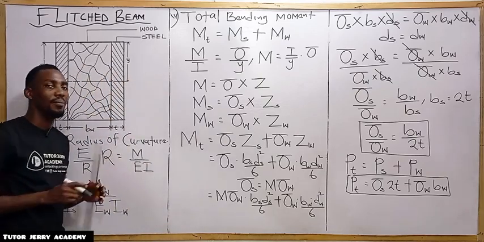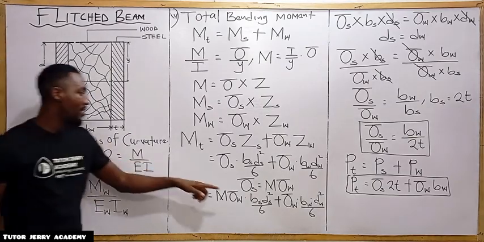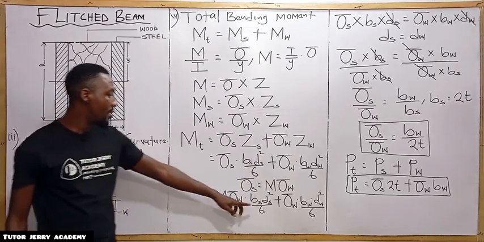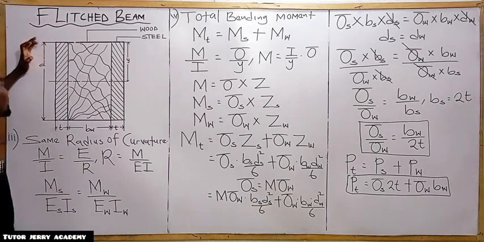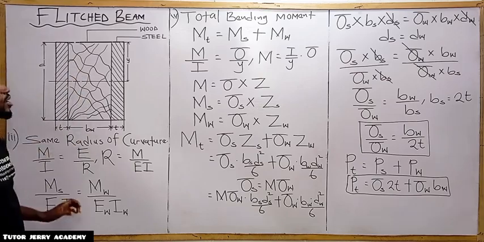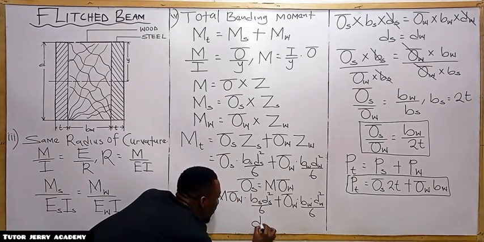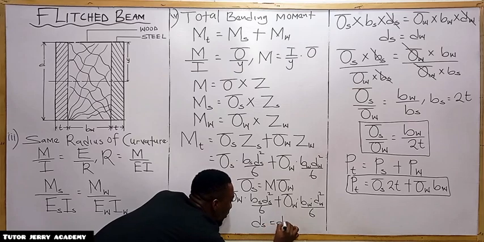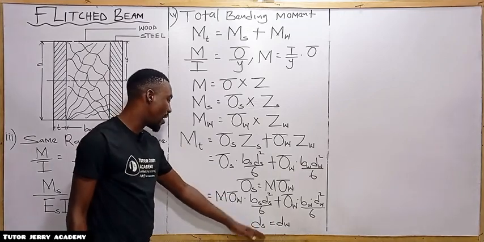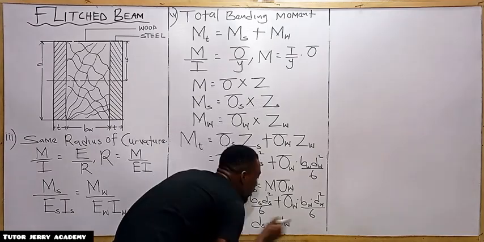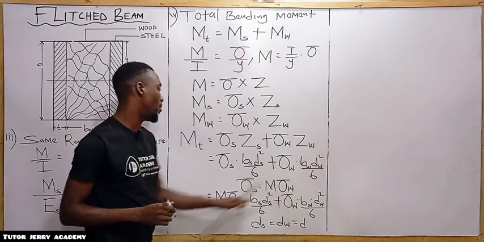All right. So now, don't forget again that they have the same depth, that is, the depth of the steel is the same as the depth of the wood. So we can say that D_S is equal to D_W. We said they have the same depth, so let's just equate everything to D. So we are going to substitute D for everything there.